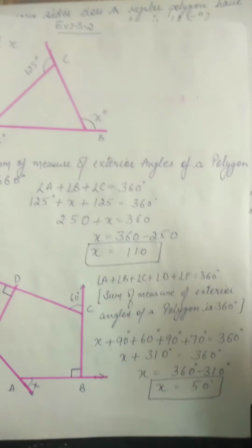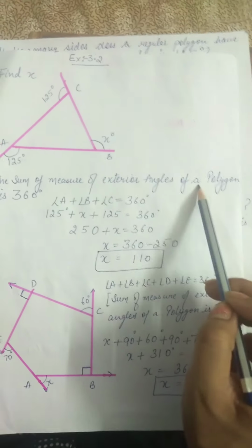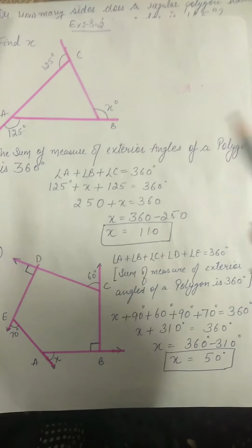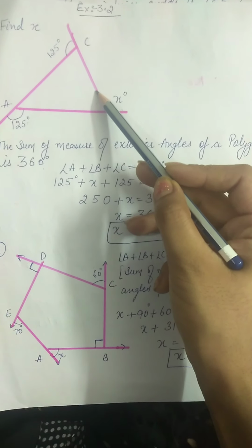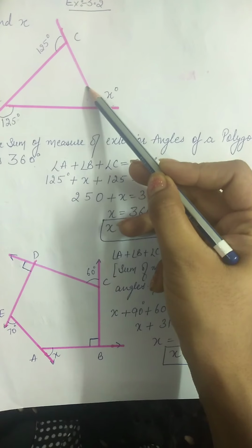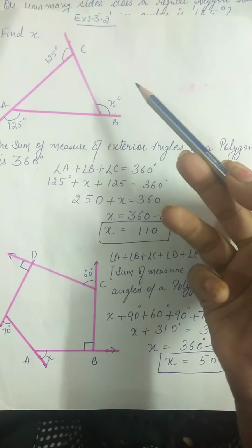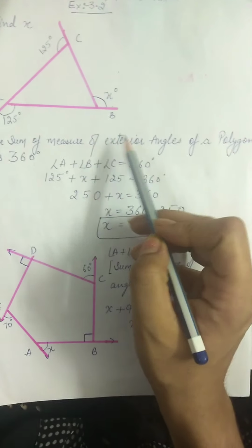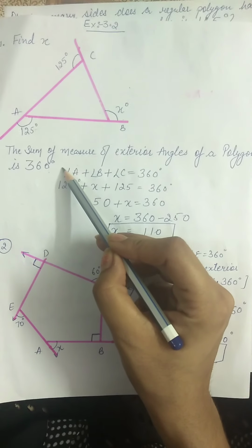So we can say that the sum of the measures of the exterior angles of a polygon is 360 degrees. For any polygon, it can be a triangle, quadrilateral, pentagon, hexagon, or heptagon, the sum of exterior angles is always 360 degrees.